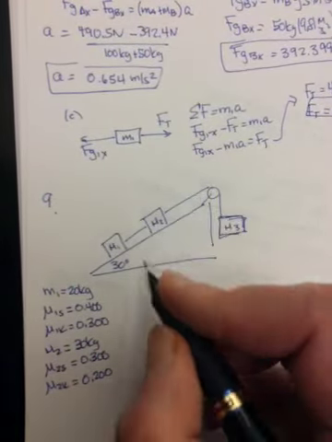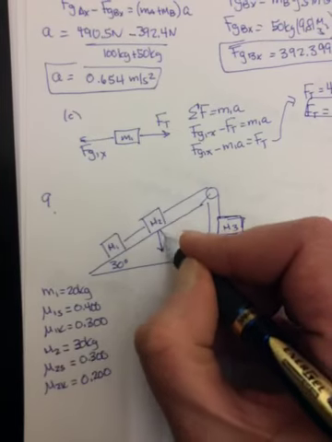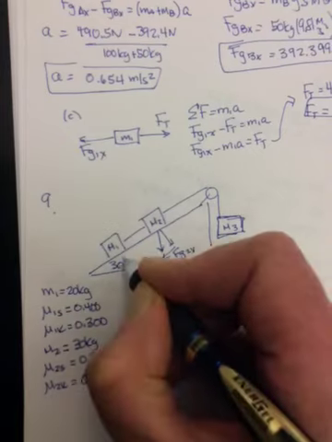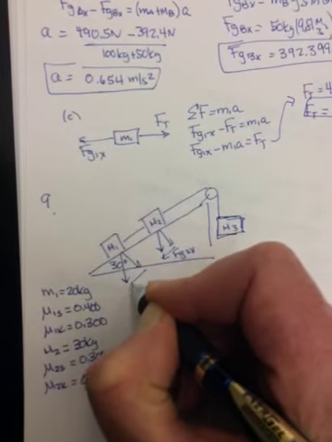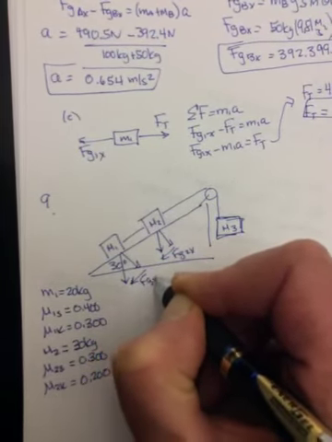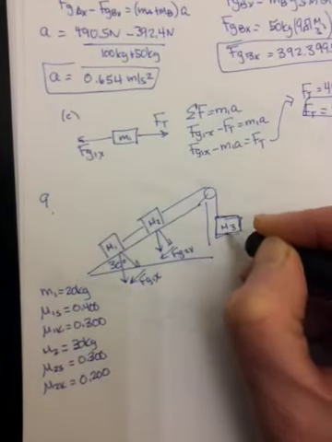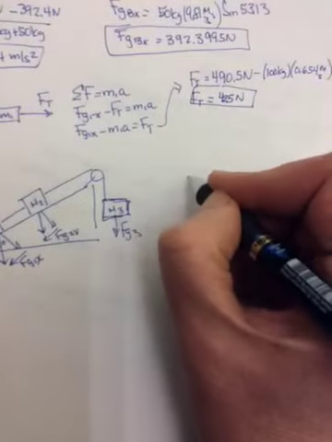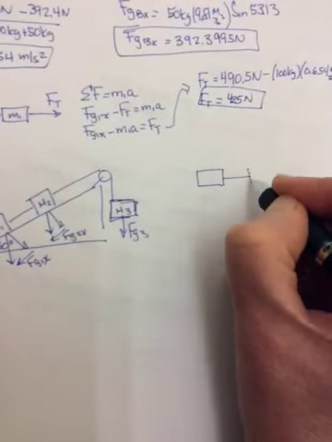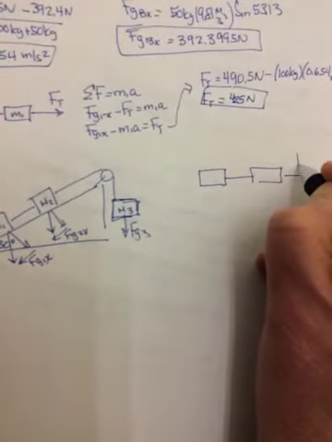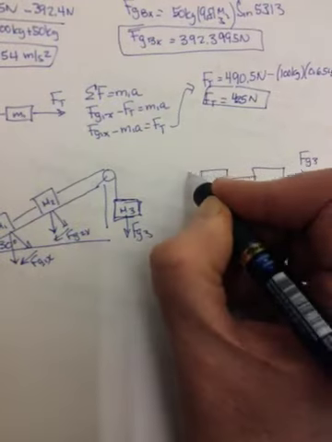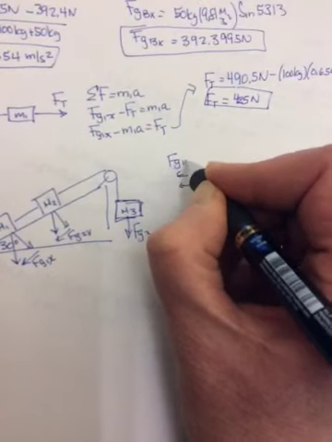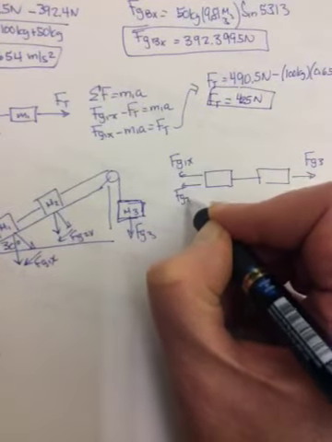Okay, so if you imagine there's a force Fg2x pulling down the incline. There's a force Fg1x pulling down the incline. Fg3 is pulling this way. If we were to draw it out, the only thing going this way at this moment, ignoring friction, because we don't know which way friction is going, is Fg1x and Fg2x.